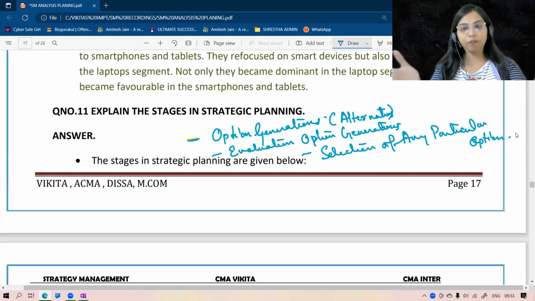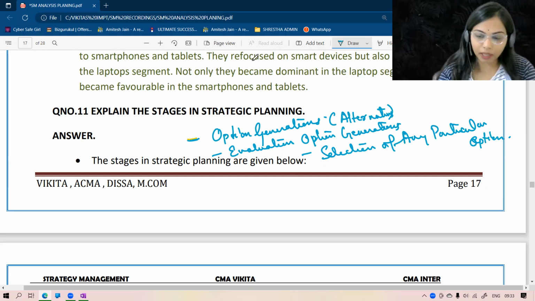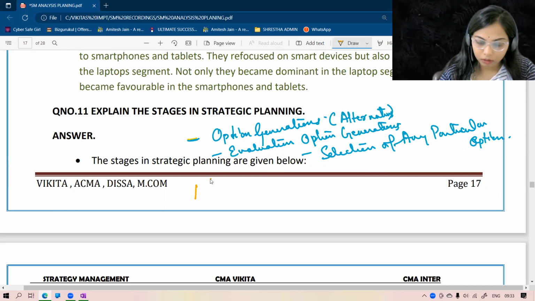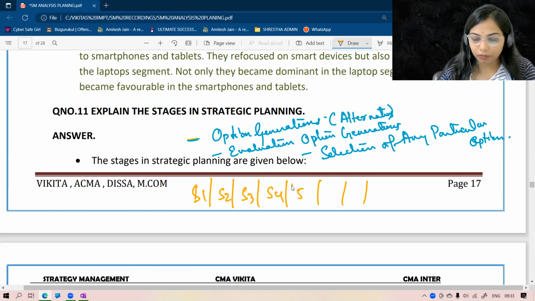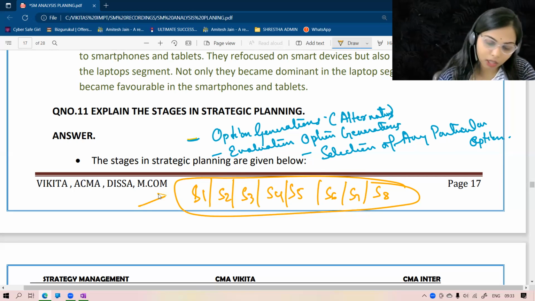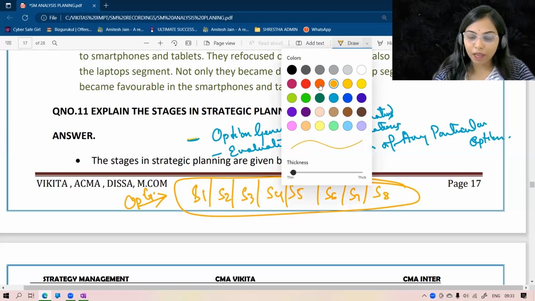With those alternative options, we need to evaluate. Just imagine we have strategy 1, strategy 2, strategy 3, up to strategy 8. Out of these so many strategies, these are option generators. Now we have to evaluate.